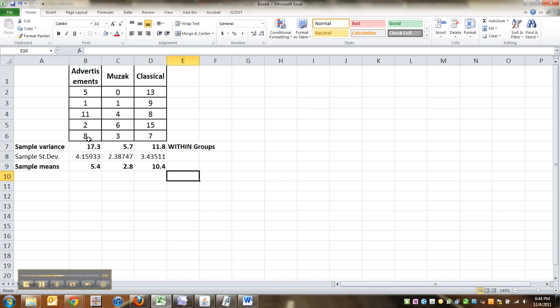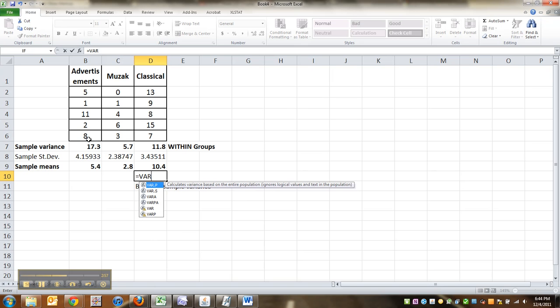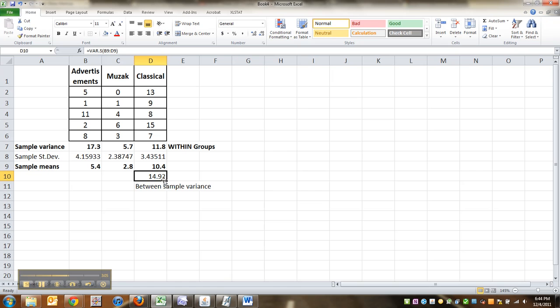In other words, between sample variance would be equal to a sample variance, so equals var.s, or just var if you have old school Excel, from these numbers. What was the variance between the group means? And that's 14.92. That's a very different thing than this.